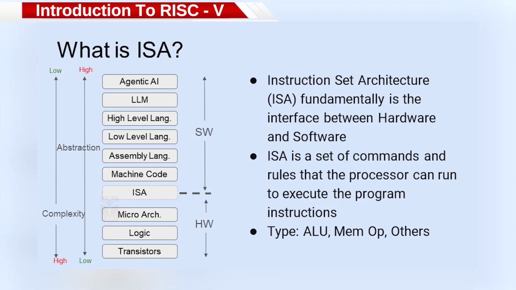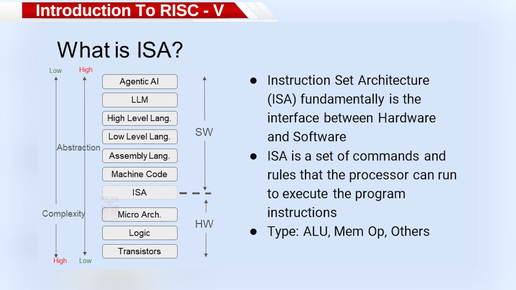So let's get to the first thing, what is ISA, instruction set architecture. If you see the picture, at the very bottom level, since most of you are VLSI engineers or general engineers, I'll get a little bit into the entire stack of what happens from the very bottom to the top.